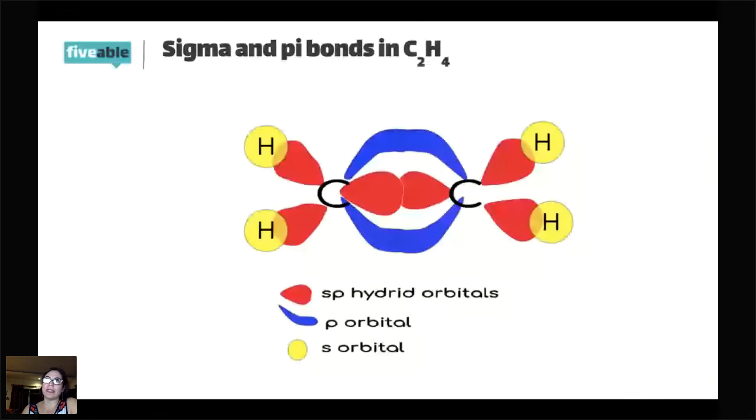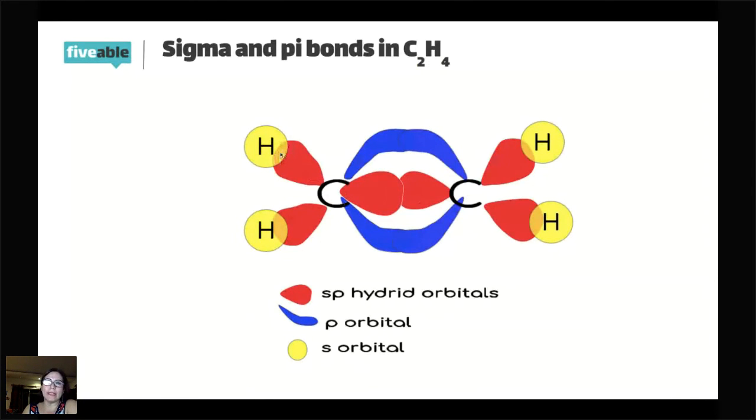So I'm going to use this as an example. This one will be a sigma bond because the overlap is aligned on the same axis as the nucleus of both carbon atoms. This one right here is a sigma bond as well because the hydrogen atom and the carbon atom are aligned with the overlap. Does this make sense?